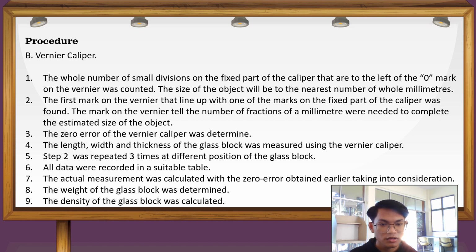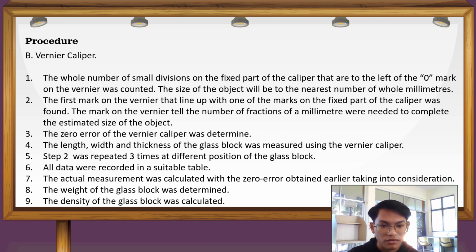Alright, next I will continue to procedure B, vernier caliper. The first one is the whole number of small divisions on the fixed part of the caliper that are to the left of the zero mark on the vernier was counted. The size of the object will be to the nearest number of full millimeters.